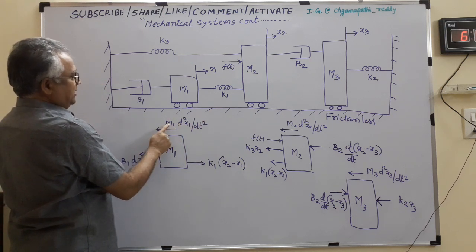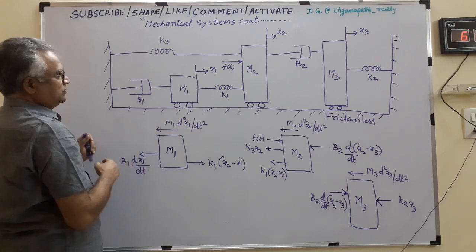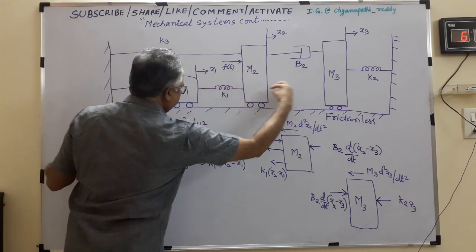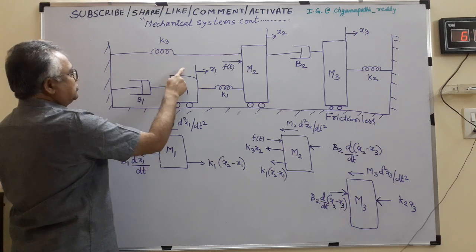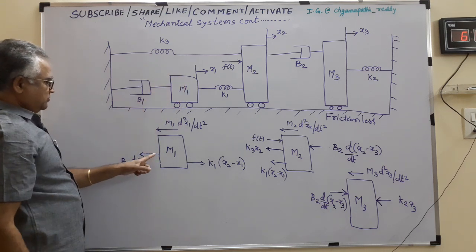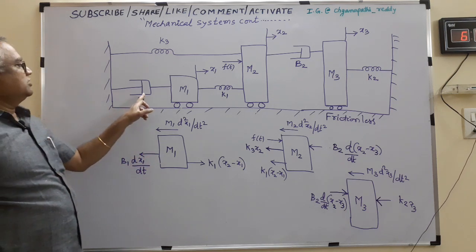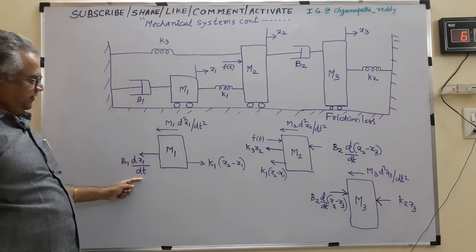M1 d square x1 by dt square. This is the opposite force. So when this is pulling this side, what are the opposite forces? One opposite force is the mass term, another opposite force is B1. What is the displacement here? x1. So B1 dx1 by dt.